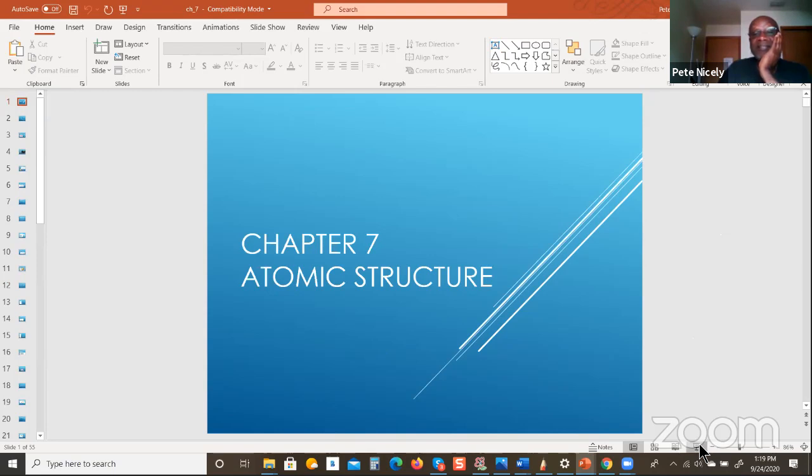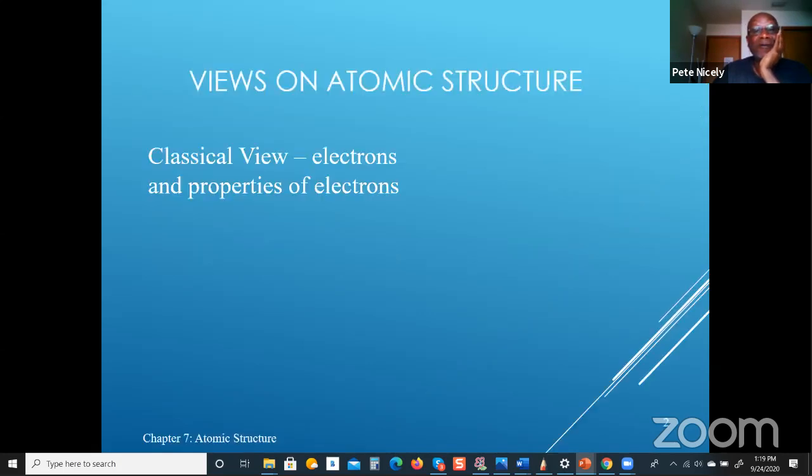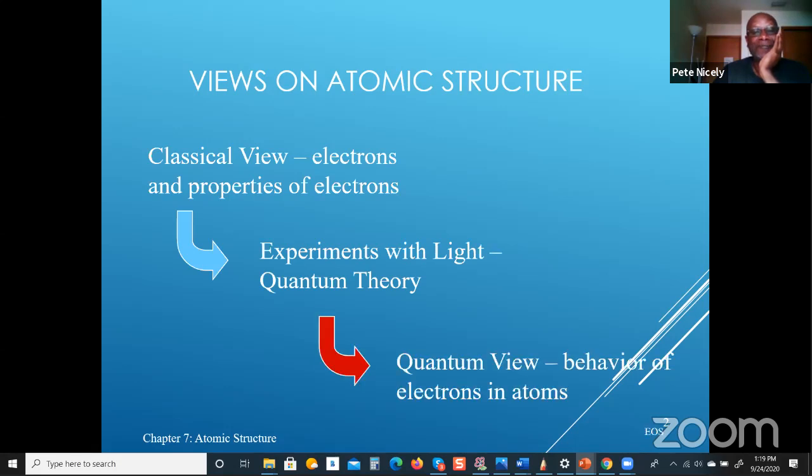And in chapter 7, we'll be dealing with the atomic structure, all right? I think I alluded to some aspects of the atomic structure before, but now we're going to get into it in more detail, all right? So the current modern view of the atomic structure, we arrived at it starting with the classical view.